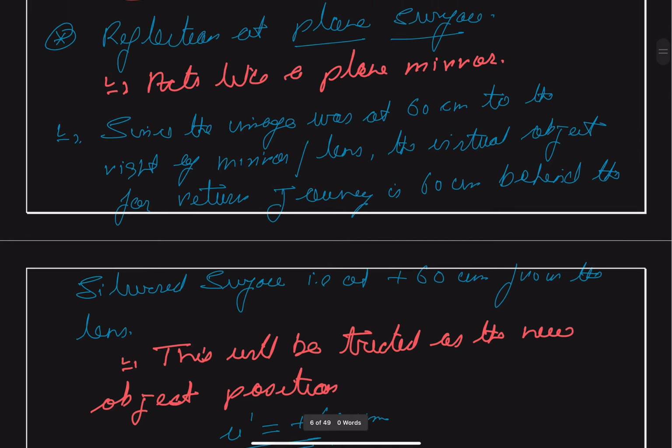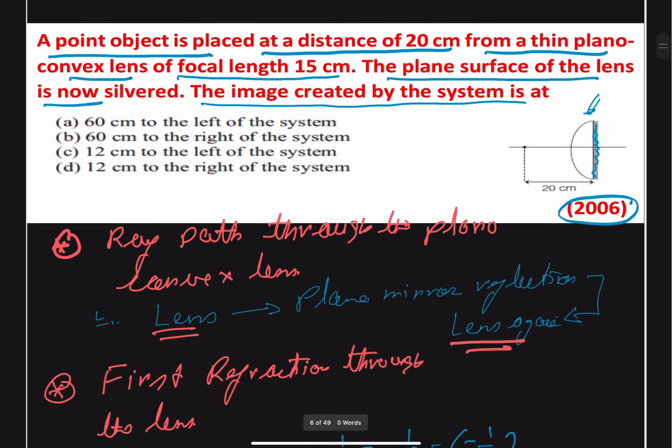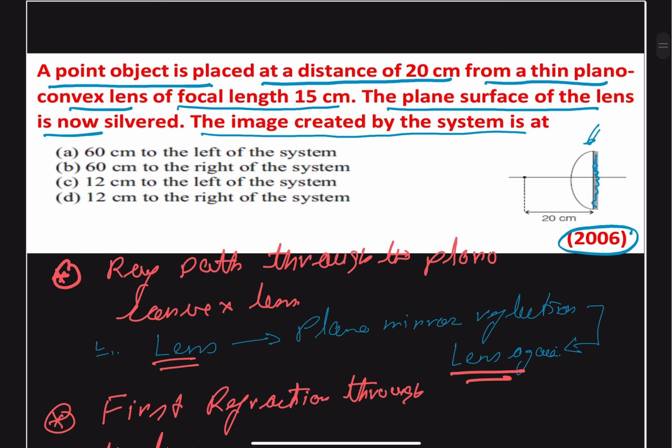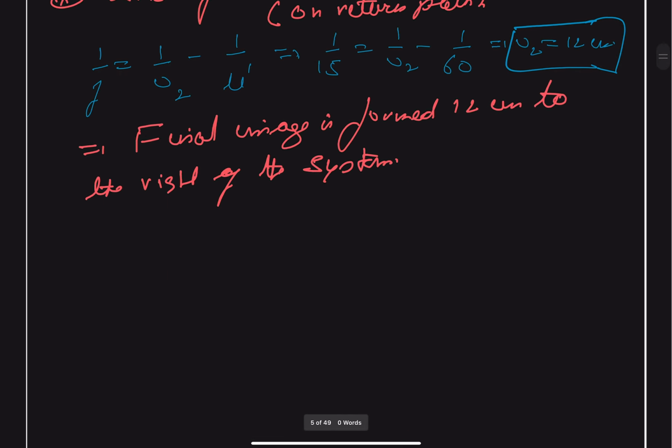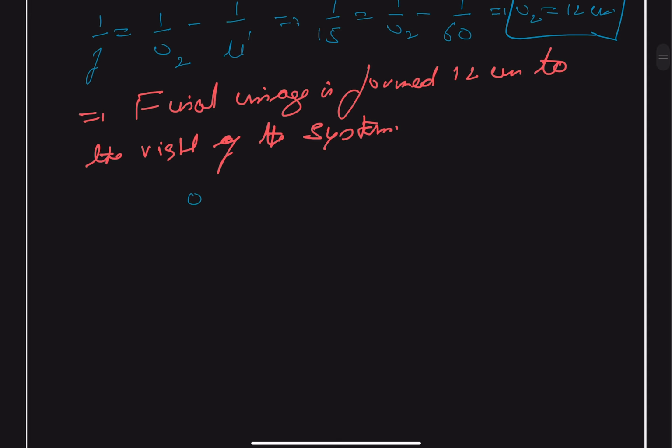So we have 12 centimeter to the right of the system. So option number D is the correct one. Option D is correct.